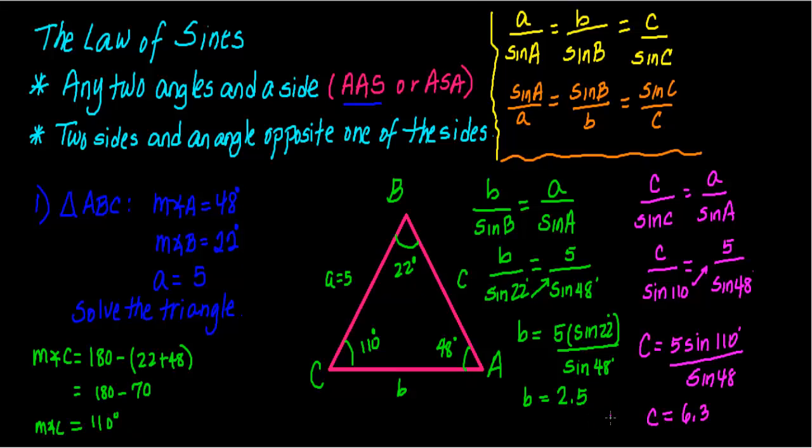Usually the problems will say round off your answers to the nearest whole. That means just your whole number. If it says round off your answers to the nearest tenth, then you round it off to the first decimal place. Okay, and there you have your triangle all solved. This is 2.5 and this is 6.3.